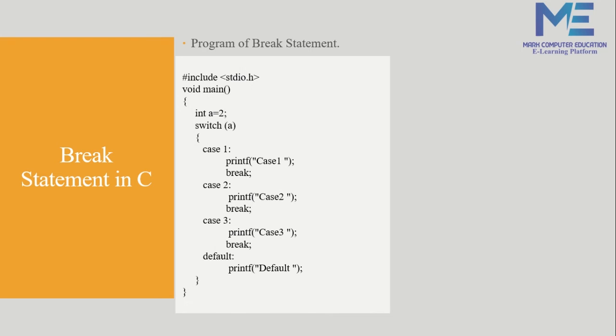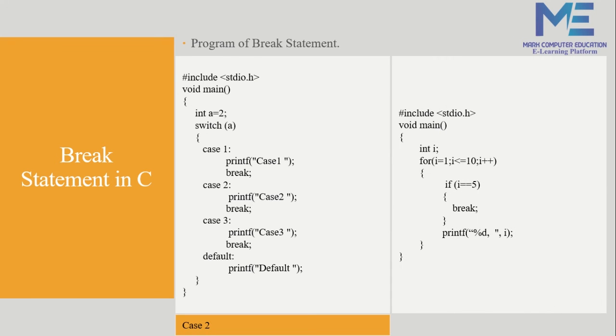In the previous video we had seen the example of break with switch. Now let's see the example of break with a for loop. Here I am making a loop from 1 to 10. It means it will execute 10 times. But you can see the output, it executes only 4 times.